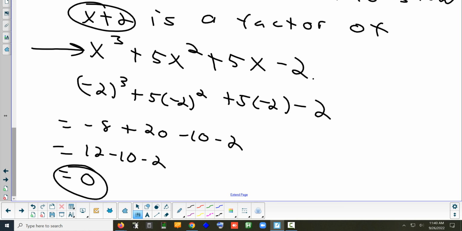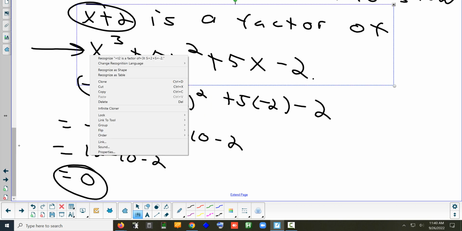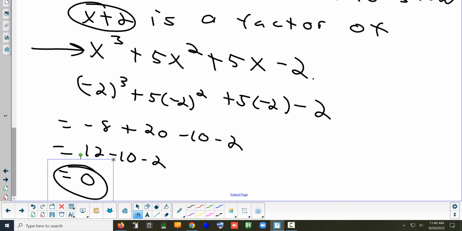So we just proved several things that are equivalent. We proved negative 2 is a root of that polynomial. By proving it was a root, the number that we got for the answer is also the remainder when you do long division. We got a remainder of 0, which means that x plus 2 is a factor.